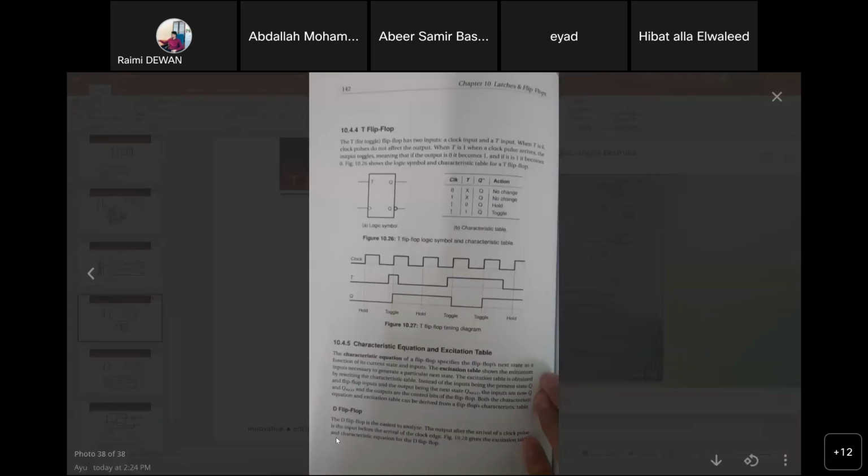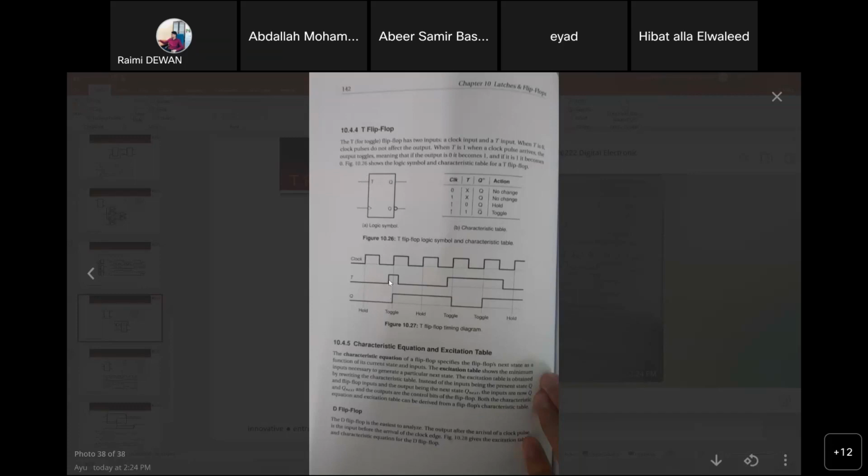Okay, so you see these pages. This is the T flip-flop. Basically, it's an XOR. We are connecting this to this XOR. For example, this is the rising edge. At this rising edge, T currently is 0, so there is no change to your Q. So it will continue until here.